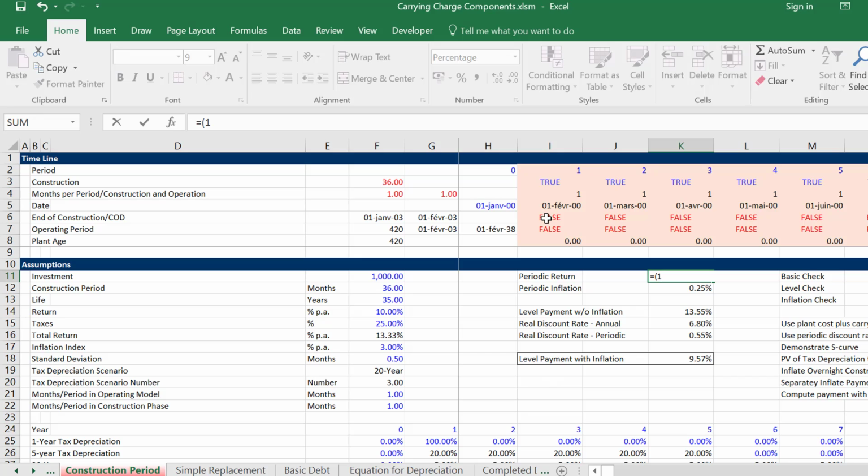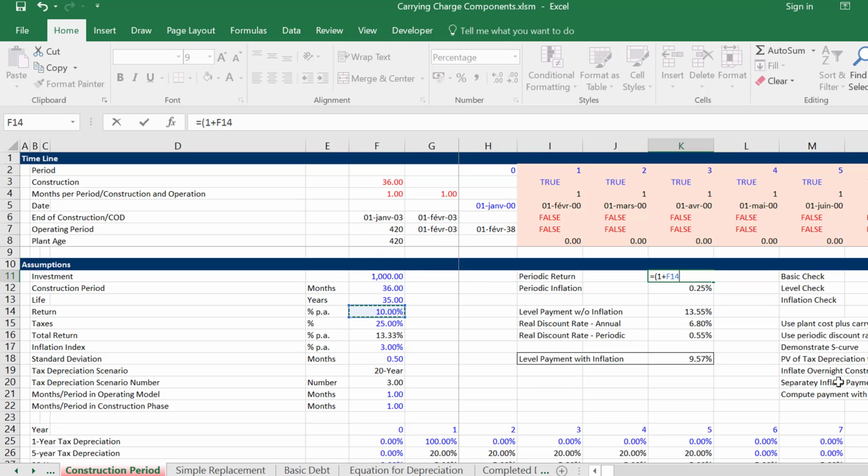Okay, so, and that periodic return is going to be used in the payment function. And that payment function is not exactly consistent with the XIRR. That's why we get these 9.99 things here. Please, I hope you're not all concerned about that. Oh my gosh.